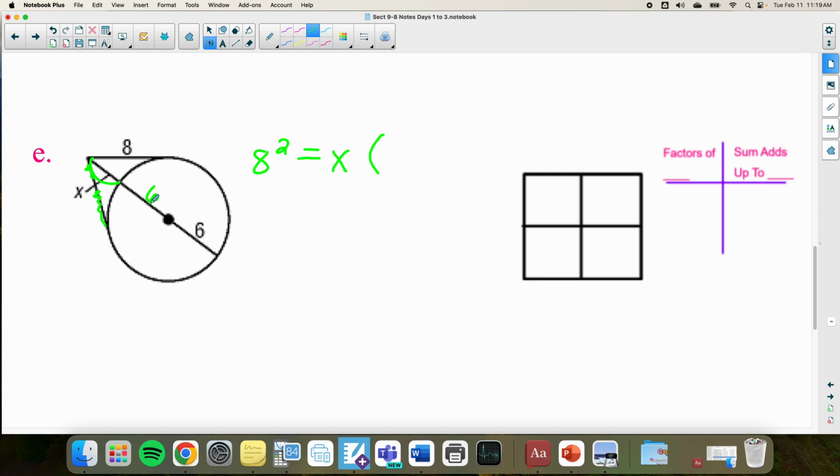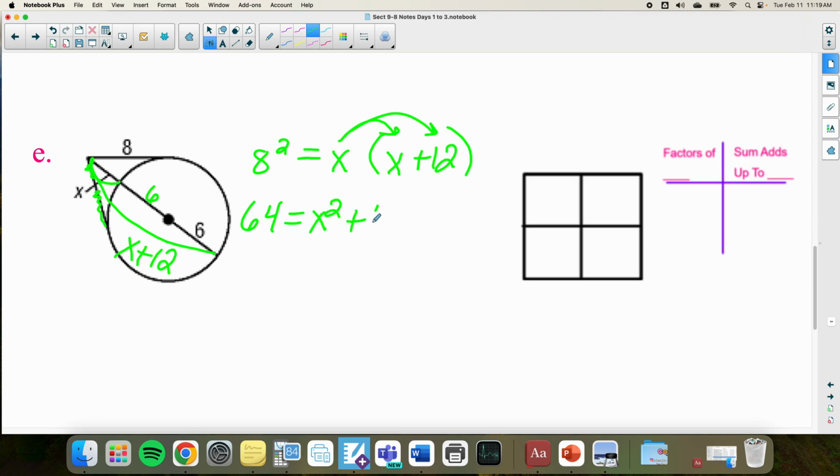Yes, because they are both radii. So what would the whole thing be? x plus 6 plus 6, which is x plus 12. So this is going to be x plus 12, okay? 8 squared is 64, and then here I distribute. x times x is x squared, x times 12 is 12x.